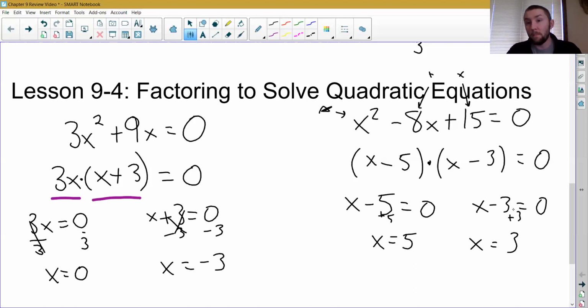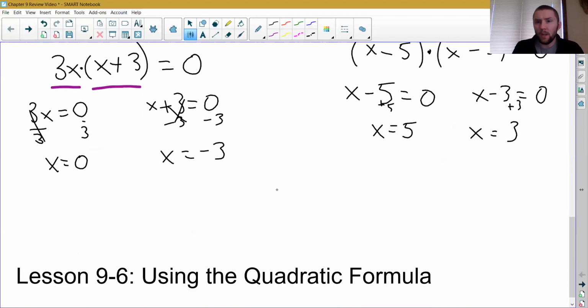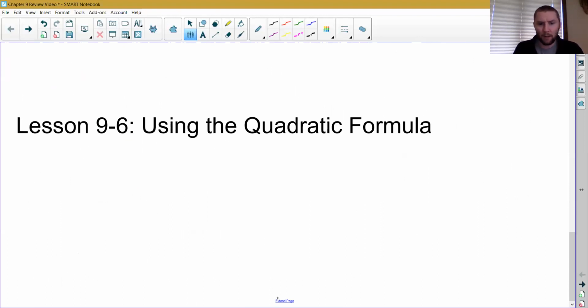So when we factor, remember that it's important to get the quadratic equation equal to 0 first, and it is for the quadratic formula as well. And then we always want to look for factoring out a greatest common factor, or factoring by what multiplies to this and adds to this, or possibly the window method if you like that. And then the last way that we solved quadratic equations was using the quadratic formula.